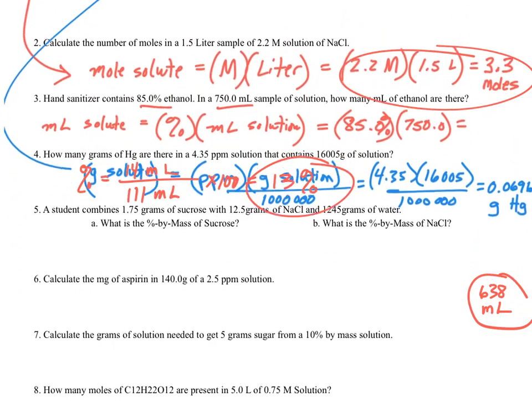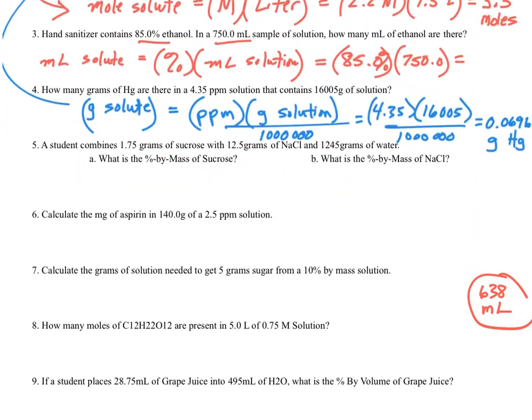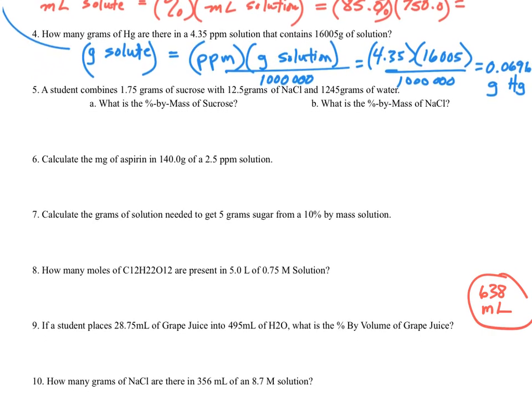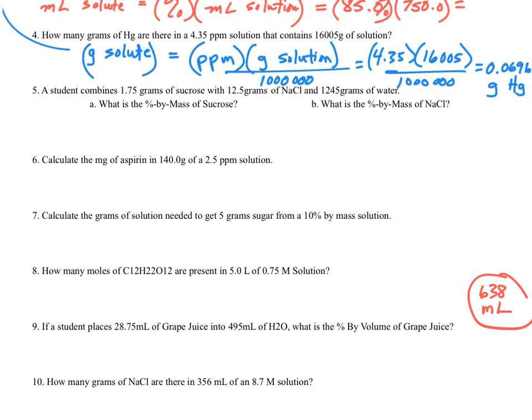Okay, number 5. A student combines 1.75 grams of sucrose with 12.5 grams of sodium chloride and 1,245 grams of water. All right, what's the percent by mass of sucrose?